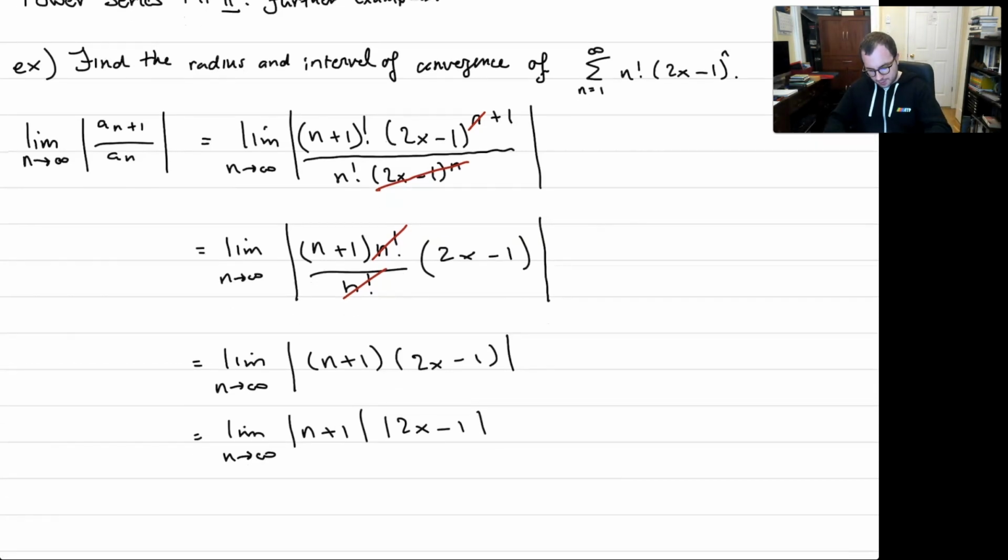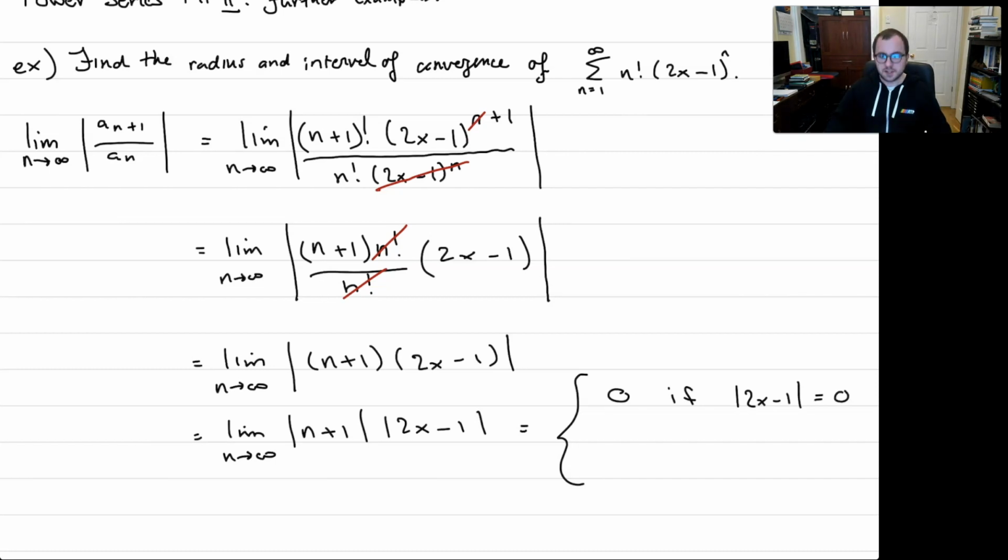And evaluating this limit, I want you to notice that if 2x minus 1 is 0, then that limit is going to be 0 times whatever value of n I plug in. But if 2x minus 1 is not 0 and it's some fixed number, then this limit is going to go to infinity.